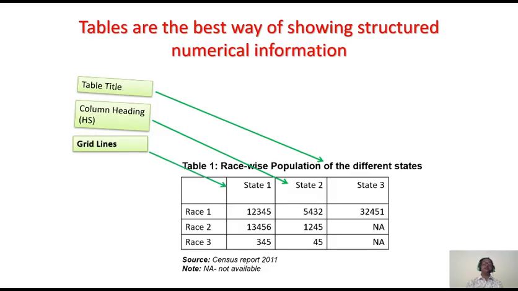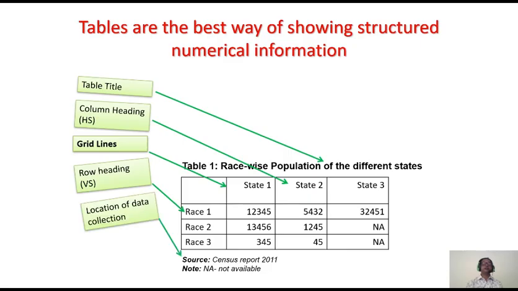Then come the grid lines. These are the grid lines. These are the row headings: race 1, race 2, race 3. This is the source, the location of the data collection, that is, the source from where you have collected the data. If you have some comment to place, you can put it below the source.